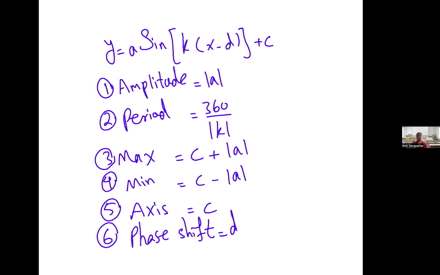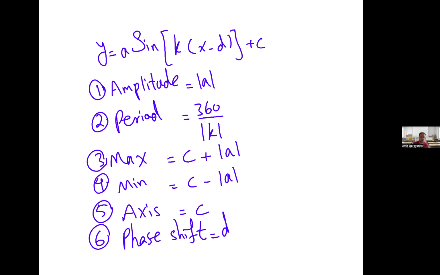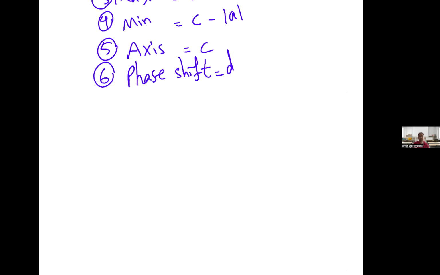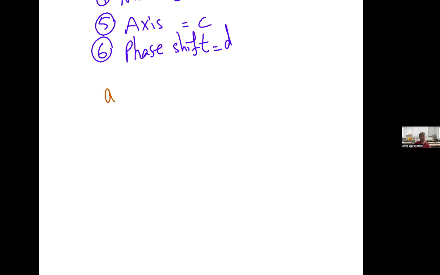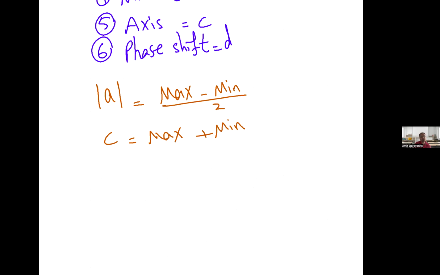Now, in some questions, they give us a backwards question. They give us a graph and ask you to write the equation. So that means you need to find a, k, c, and d, right? For the absolute value of a, that would be maximum minus minimum divided by 2. For c, that would be maximum plus minimum divided by 2.